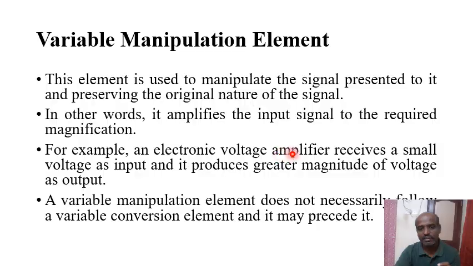For example, an electronic amplifier receives a small input signal, but the next stage needs more, so the amplifier produces a larger output. Like the variable conversion element, the manipulation element is not necessary for all instruments, and it need not be placed next to the variable conversion element. In some cases variable manipulation comes before the variable conversion element.